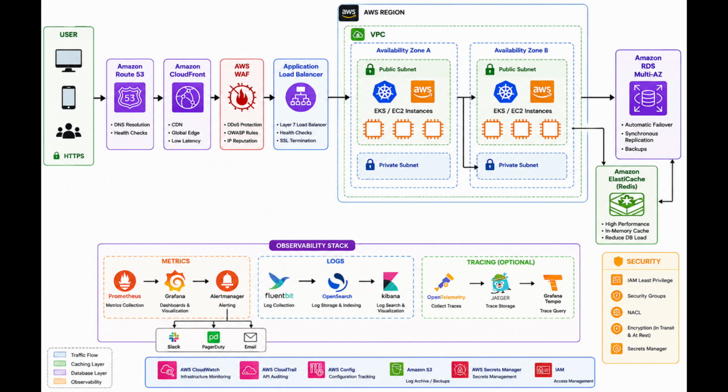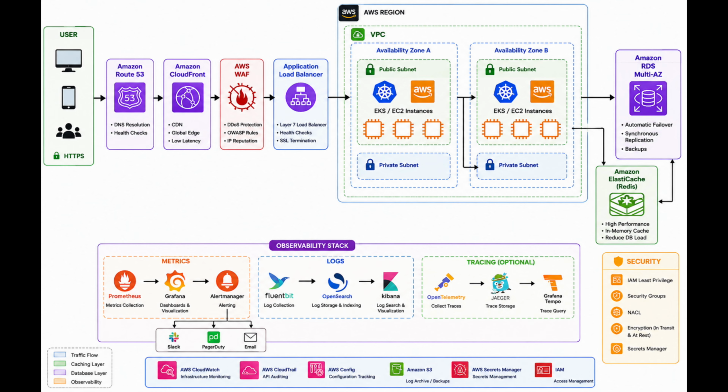Running workloads across multiple availability zones is critical, as I mentioned, especially in enterprise environments, because infrastructure failures, network issues or AZ level outages are real production scenarios that must be handled gracefully without any customer impact. So that's what we want to ensure.